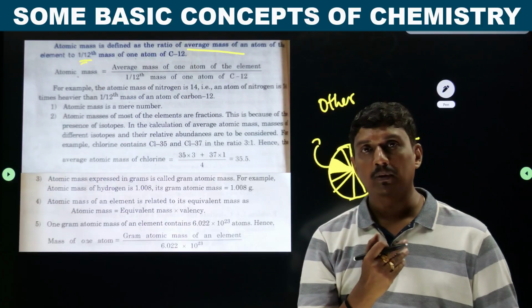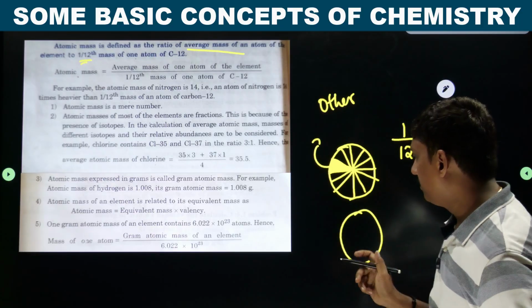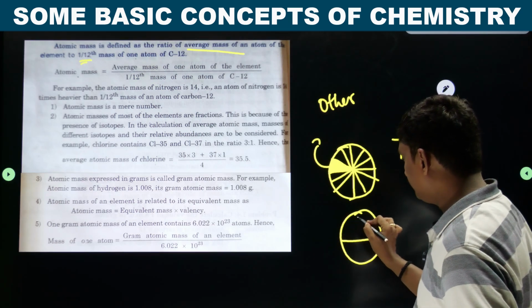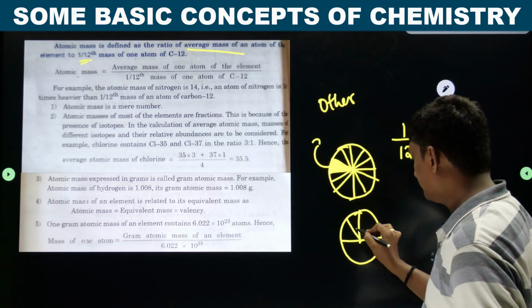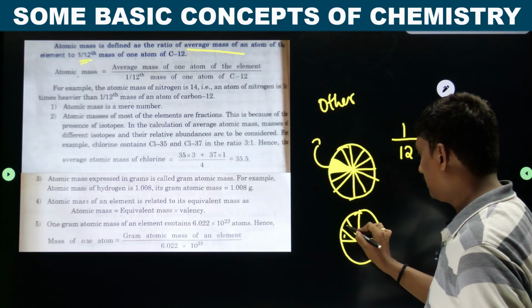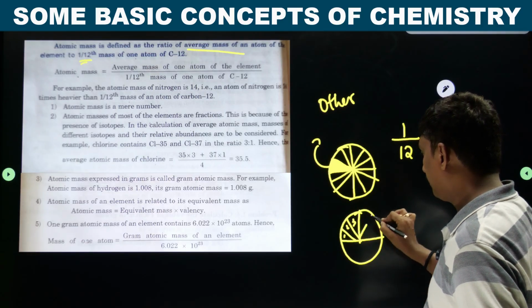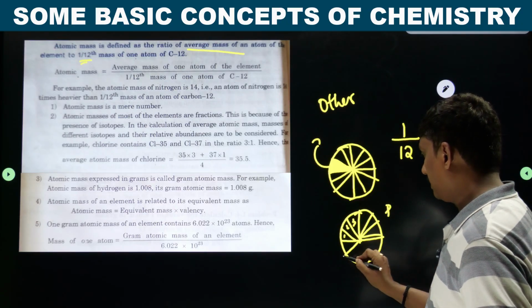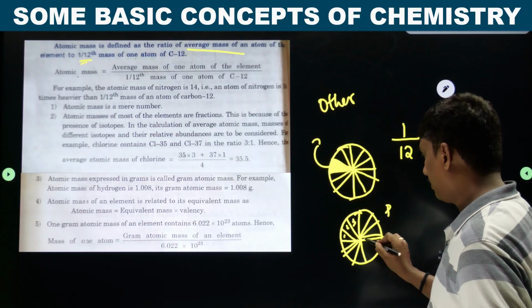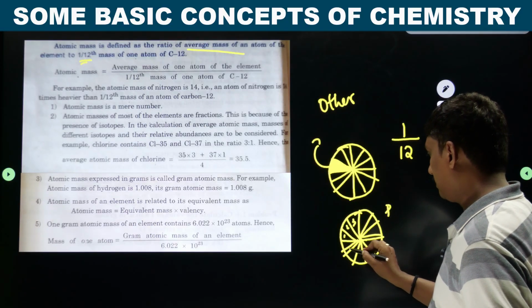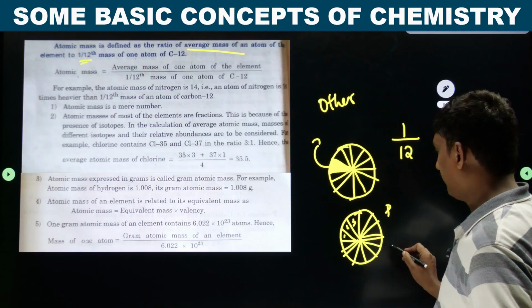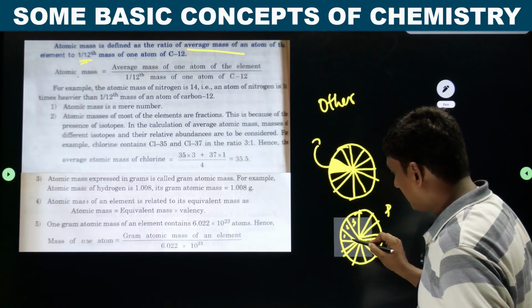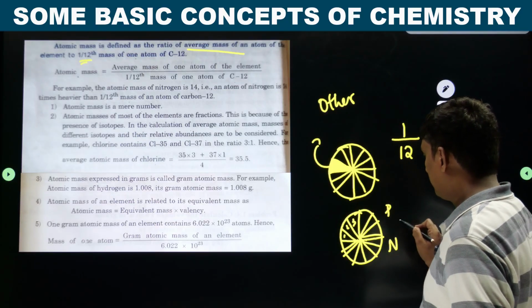What is its mass number? 14. 14 means this nucleus consists of 7 protons and 7 neutrons.